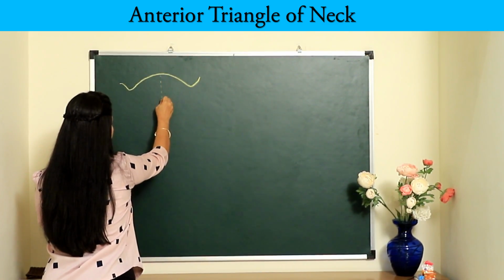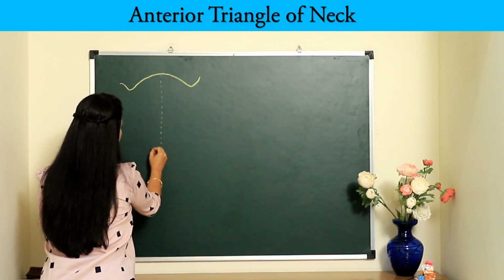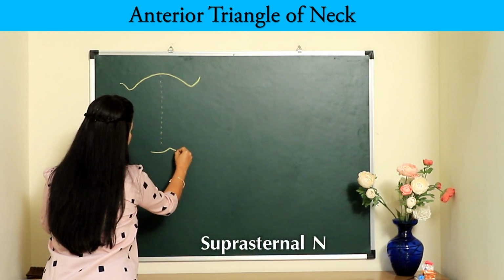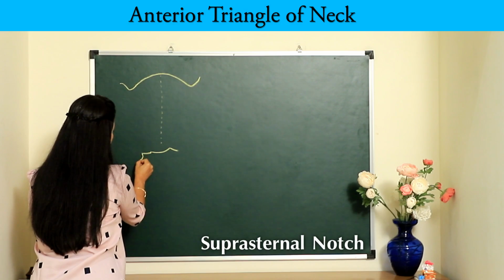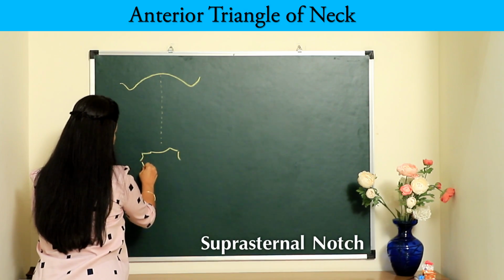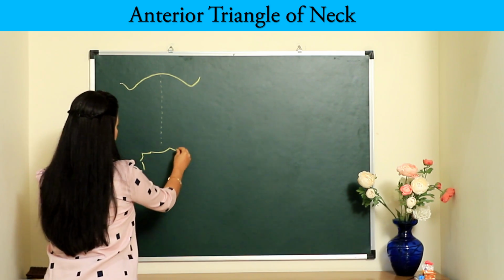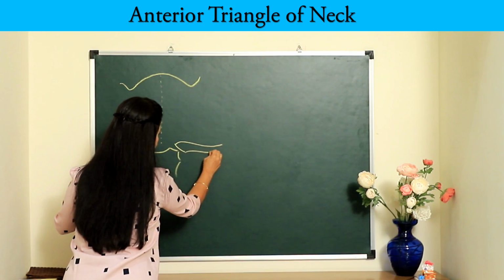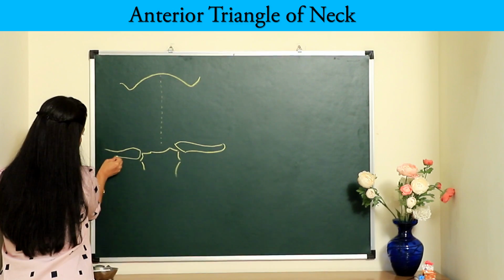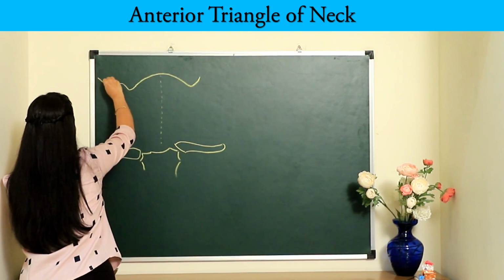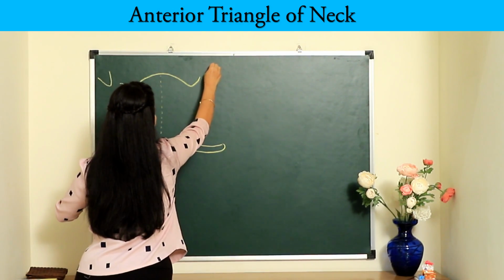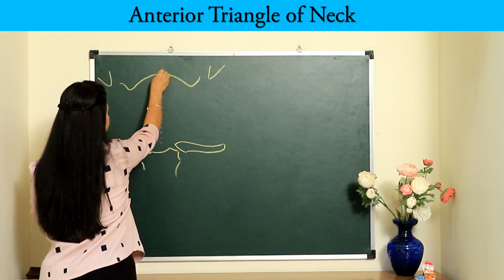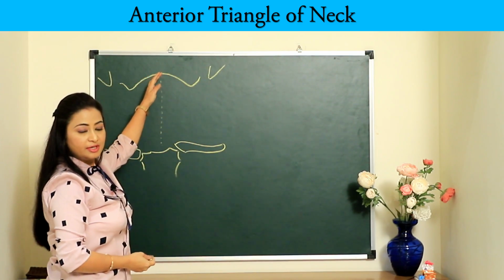This is the midline and here lies the suprasternal notch of the manubrium sterni. These are the clavicles of both the sides and here will be the mastoid process. So this is the first landmark that we come across.